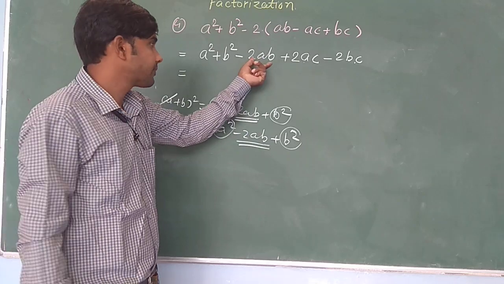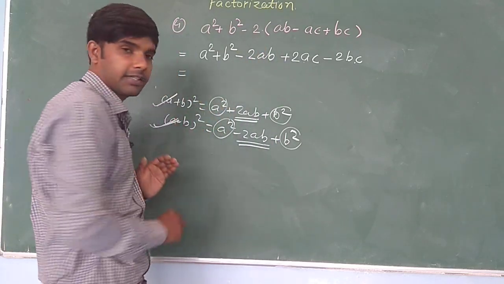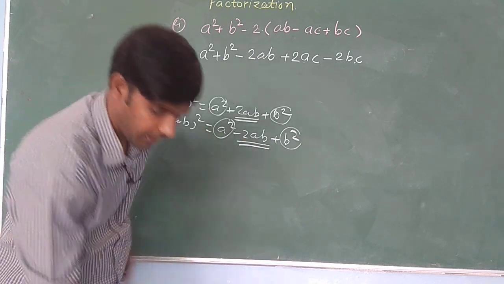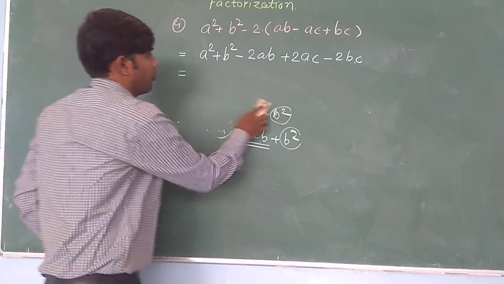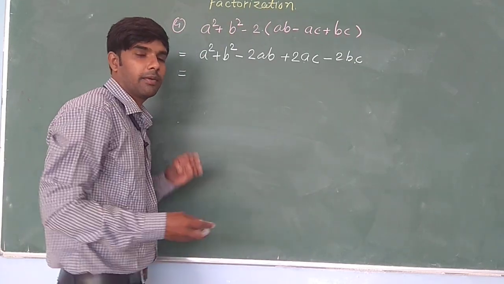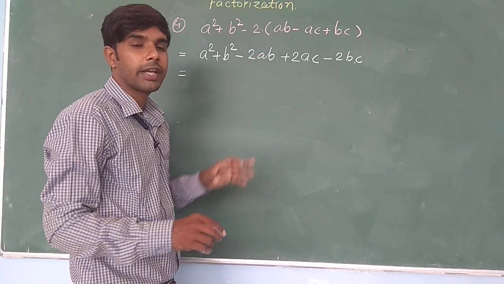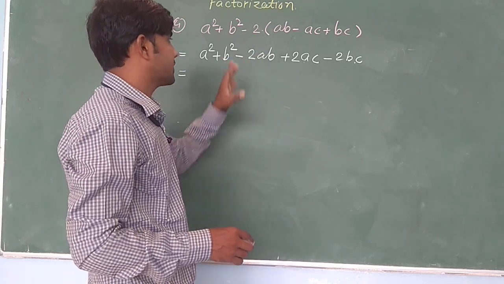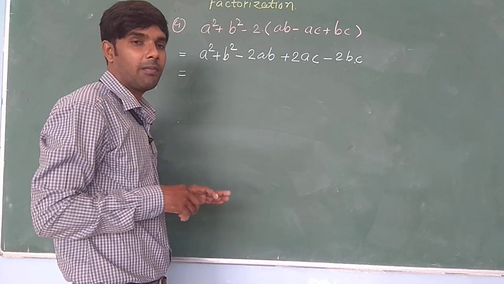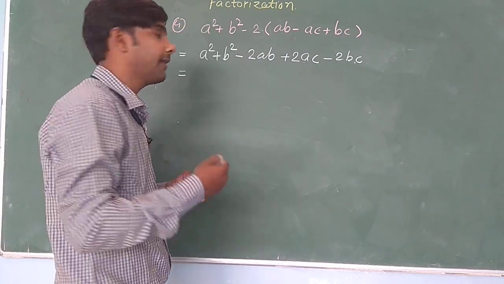We will make a group of these three terms first to get (a minus b) bracket square, and we will make a group of the fourth and fifth term. How to make an adjustment or rearrangement of the terms to get the given algebraic expression in the form matching one of the three identities.